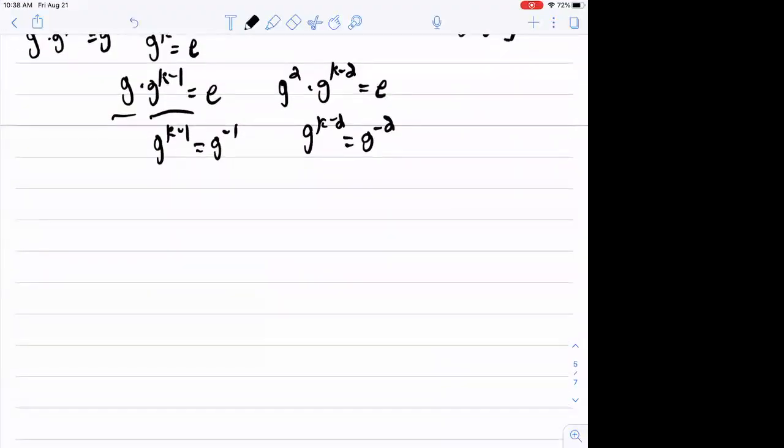so let's move on. There is a tower law. The nice thing is cosets work very nicely.